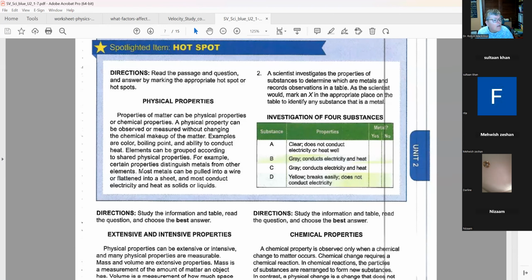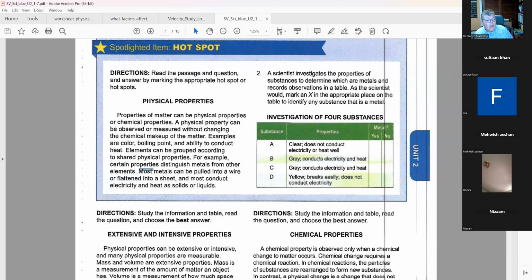Just kind of go down the middle and see if you see the word metal. And it's right here. Most metals can be pulled into a wire or flattened into a sheet. And most conduct electricity and heat as solids or liquids. So we come over here to the properties. Does not conduct electricity well. So that's not a metal, right? Because metal does conduct electricity.